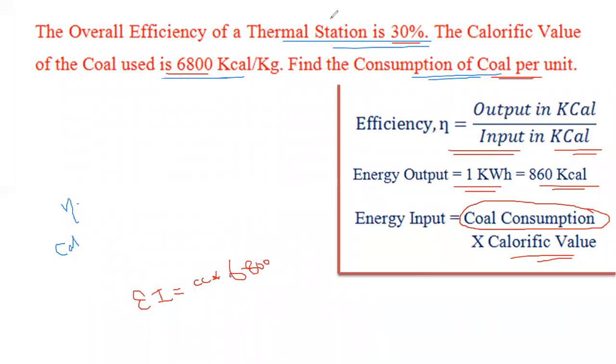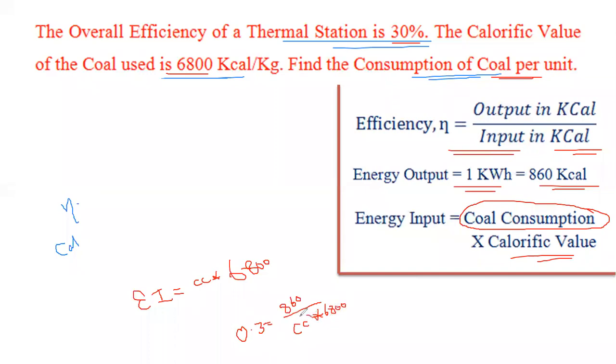Now in the problem the overall efficiency given is 30%. 0.3 equals output in kilocalorie, that is the energy output, 1 kWh equals 860 kilocalorie, by the energy input. The input in kilocalorie is nothing but the coal consumption into the calorific value, which is 6,800.